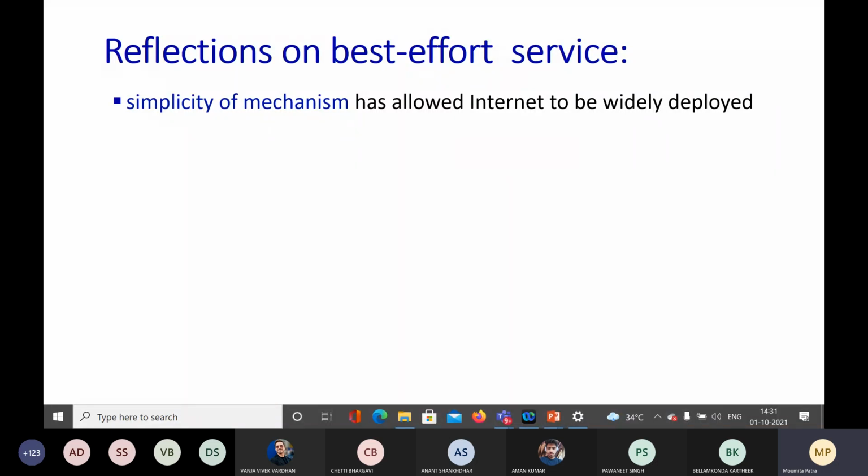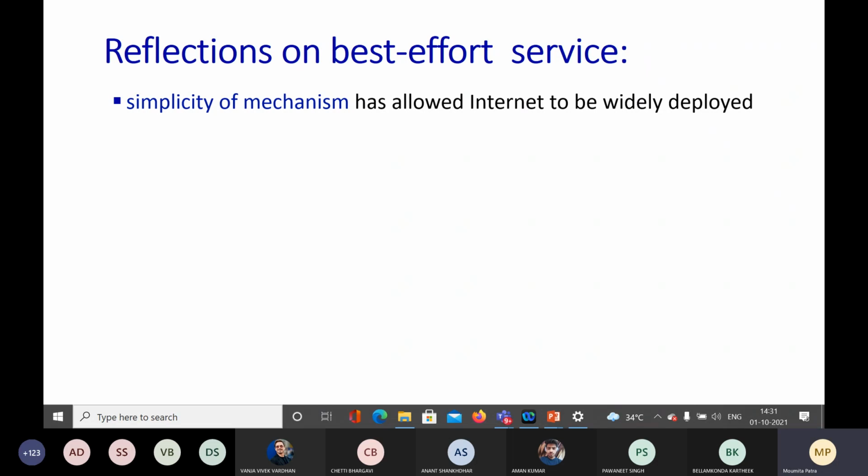There are a few reasons. First of all, it is a very simple strategy. There's no headache for the service provider. The only headache that the service provider has is that it has to try to transfer the packet. So the least amount of headache in this case.